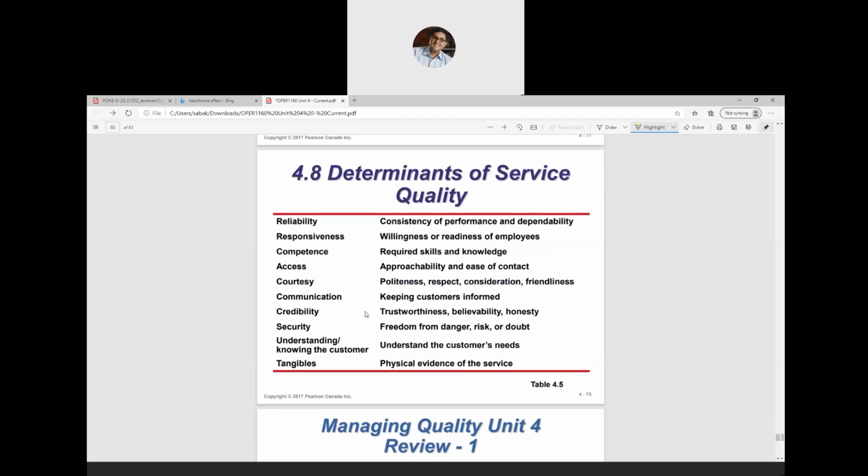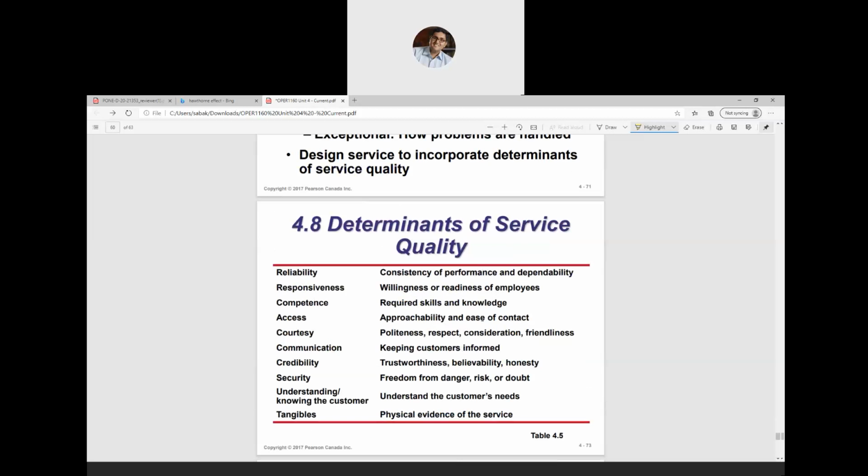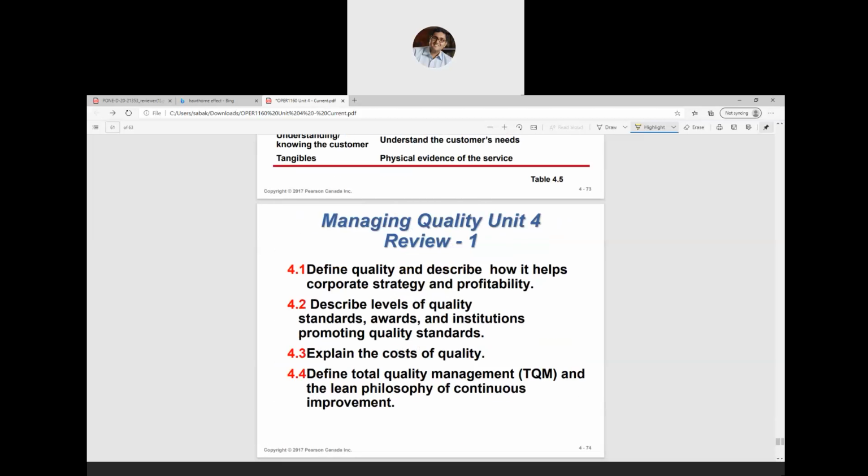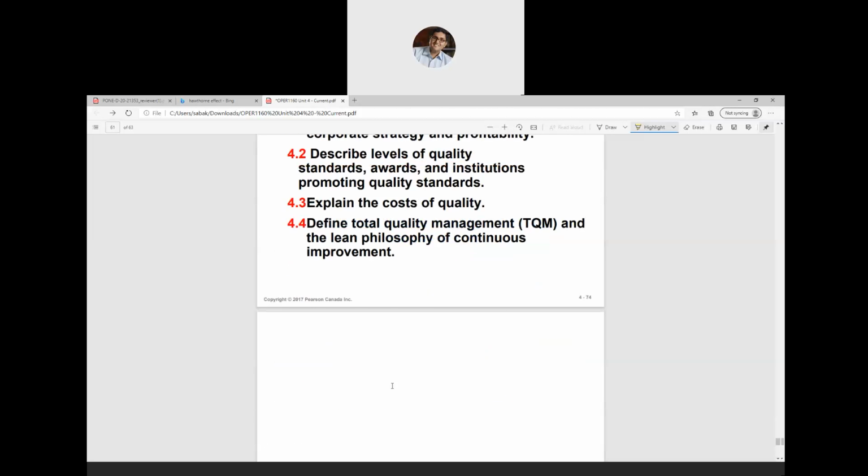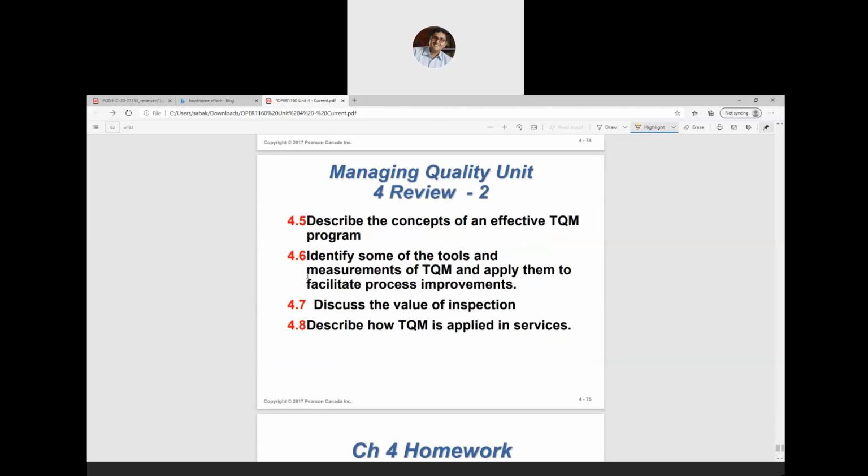Certain things like reliability, responsiveness, how quickly you have been served, access, competence, courtesy, whether the server was polite with you, whether the communication was proper, and so on. There are multiple aspects which can affect service quality. As a result, service quality is very difficult to measure compared to the quality of a physical good.